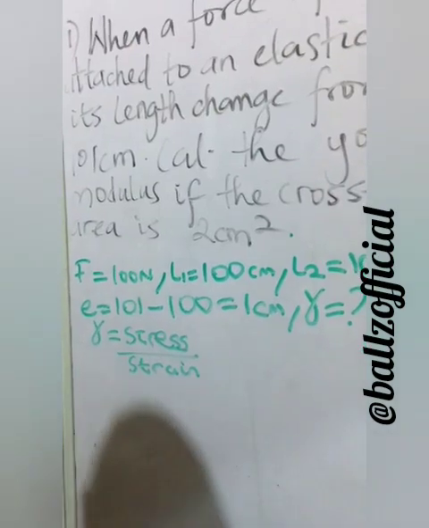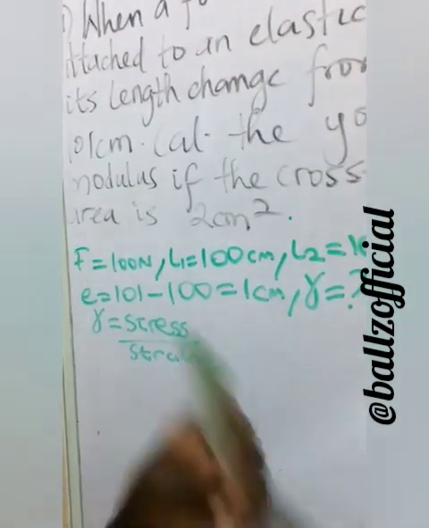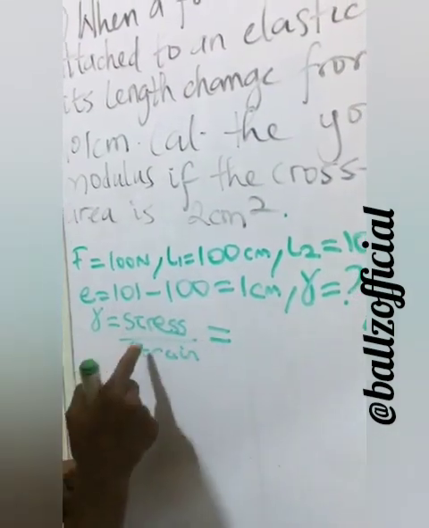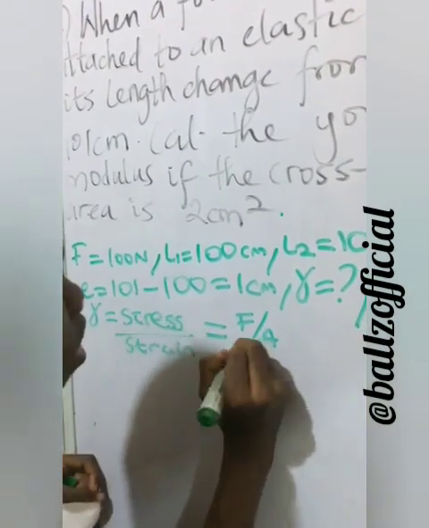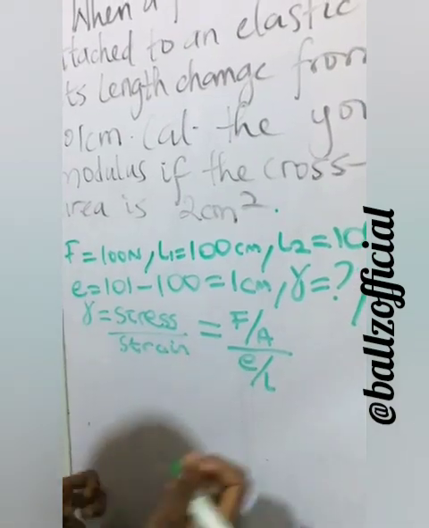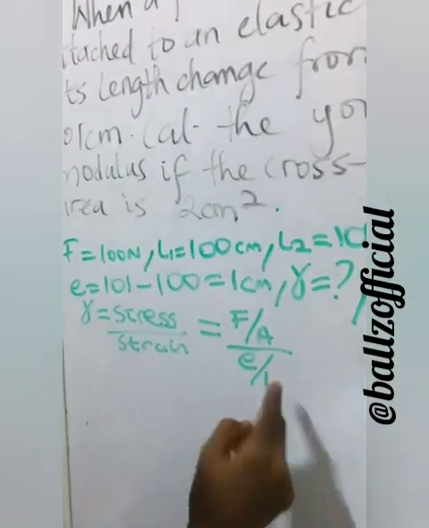And stress is force per unit area, which is force over area, and strain is extension per unit length. Therefore, Young's modulus is equal to force over area all over strain is extension over length. So you can see we have like a fraction here all over another fraction.